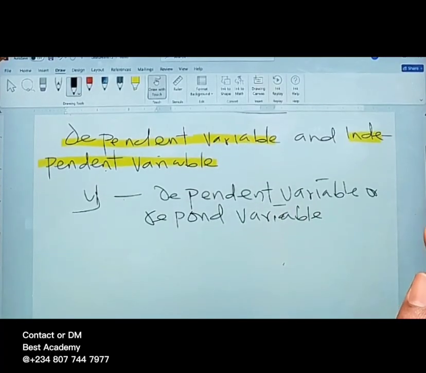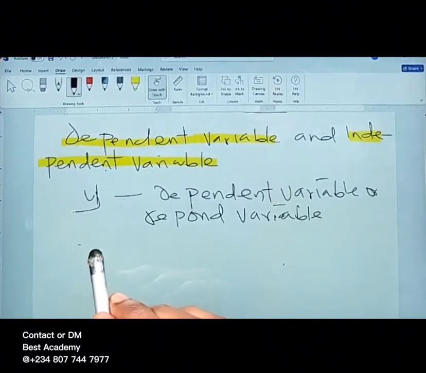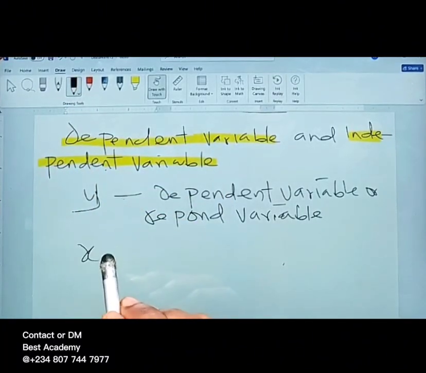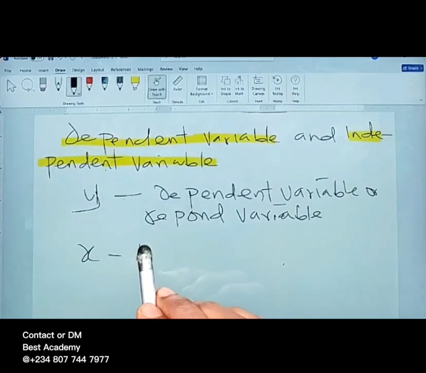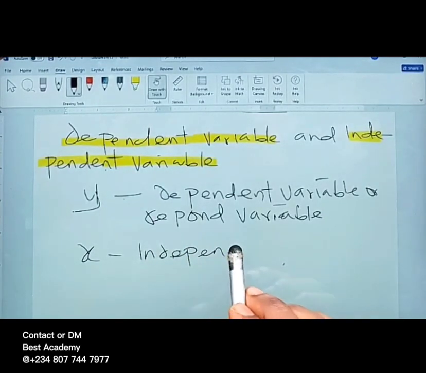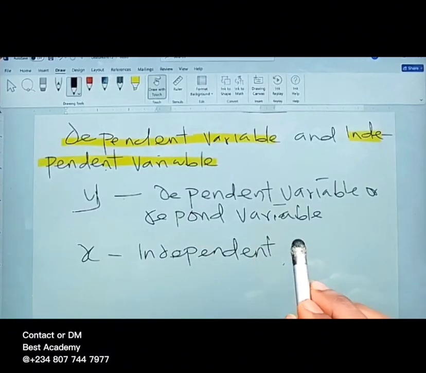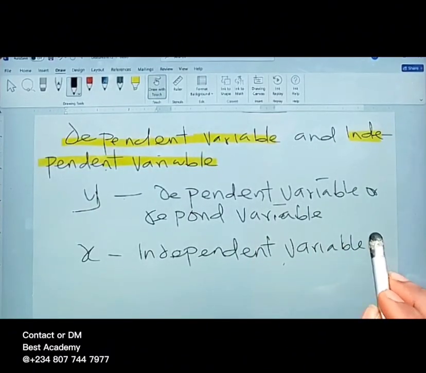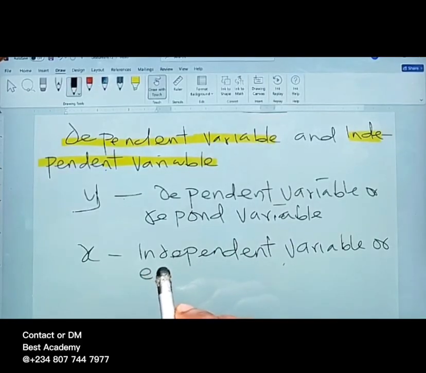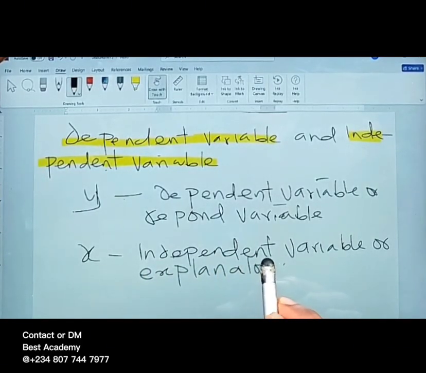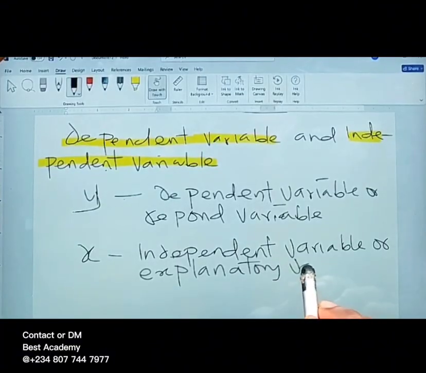And the letter x, please take note, stands as independent variable, or you can call it explanatory variable.